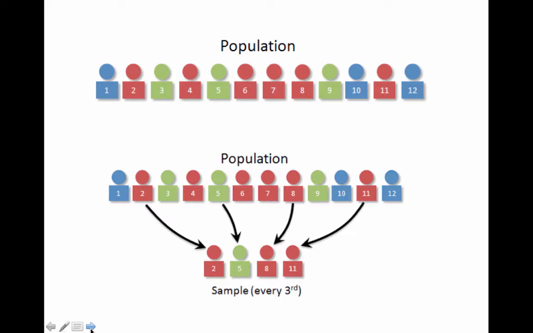So we've got our populations all lined up, 12 of them. You'll notice there's different characteristics. And what happens with this method, though, even though we can tell you the likelihood of somebody getting chosen, you might notice that in our sample, where we took every third, right, we're missing blue. And so whatever variables or variances in the population blue might represent are not represented in our sample.